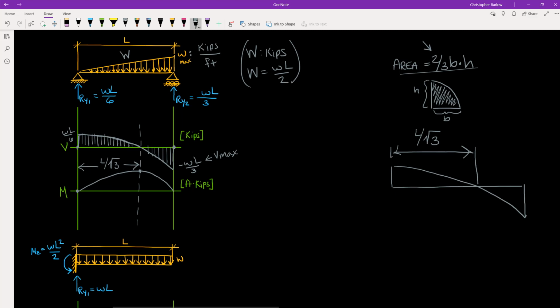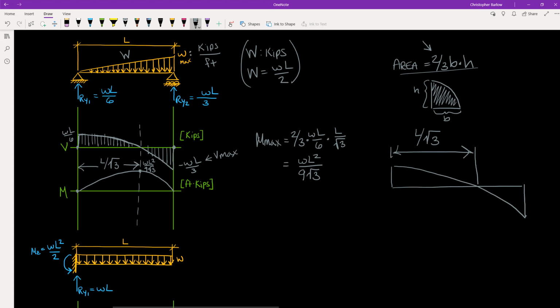And so our maximum moment is equal to 2/3 the height, WL/6, times the length, L over the square root of 3. And so our maximum moment becomes WL² over 9 times the square root of 3. WL² over 9 square root 3 for our maximum moment.